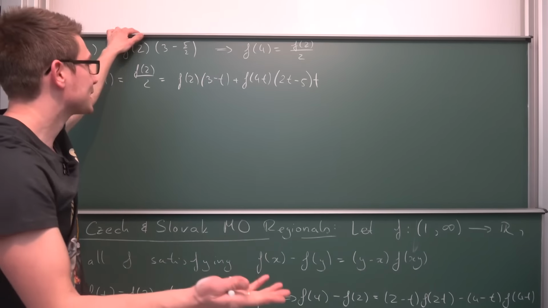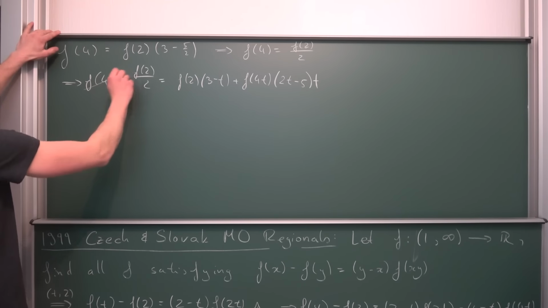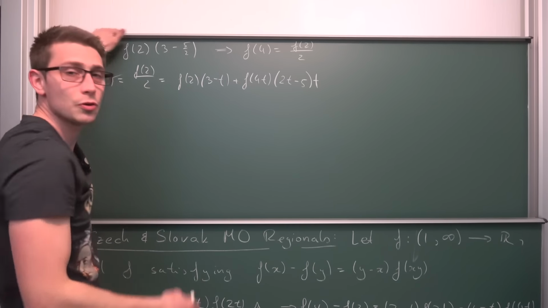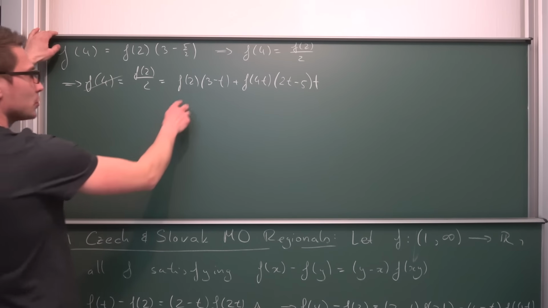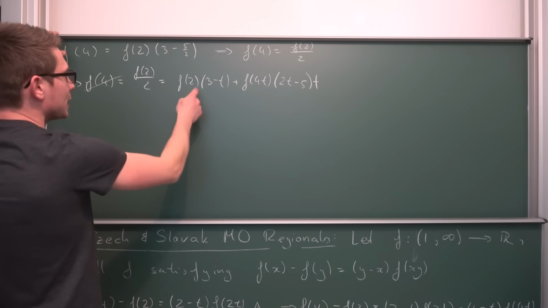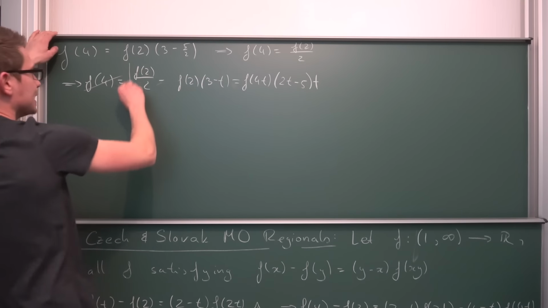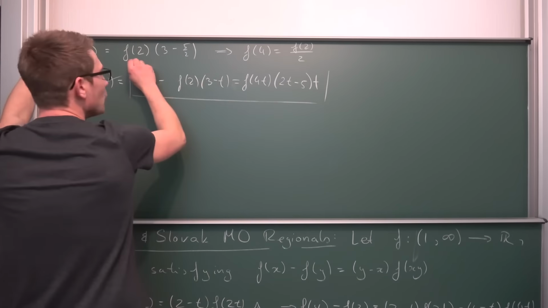And now we can once again start solving for one part. We got rid of this part right here because this is equal to f of 2 over 2 by the equivalence relation. Meaning we can, for example, factor out the f of 2 here. We can subtract f of 2 on both sides, giving us a new equation, which we are going to deal with now.